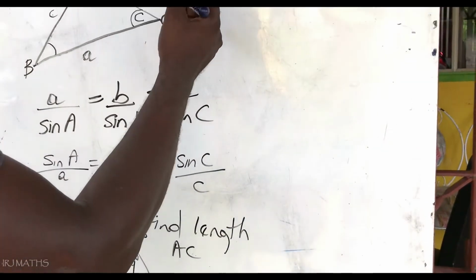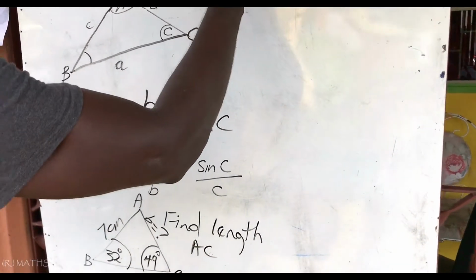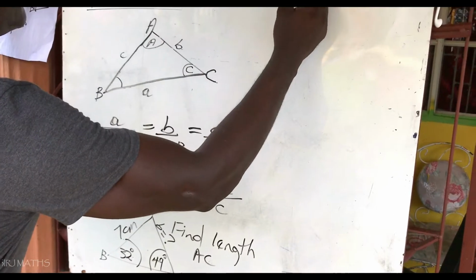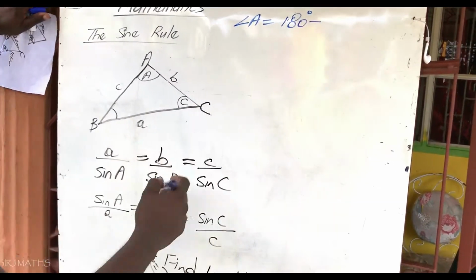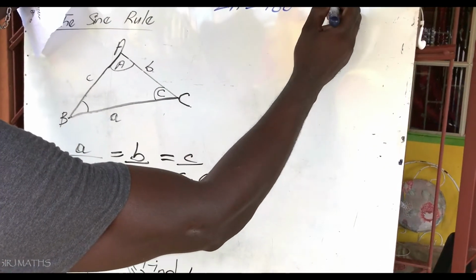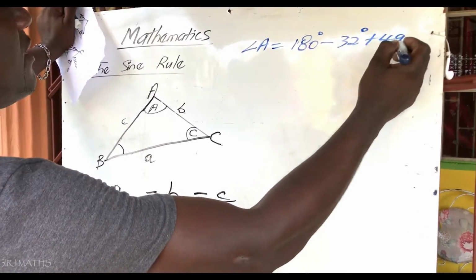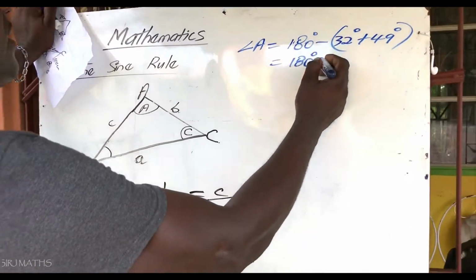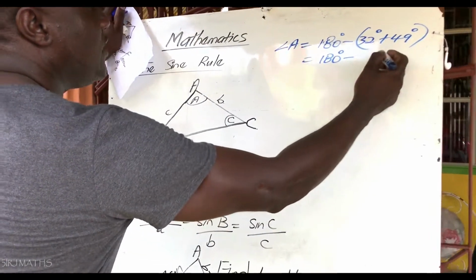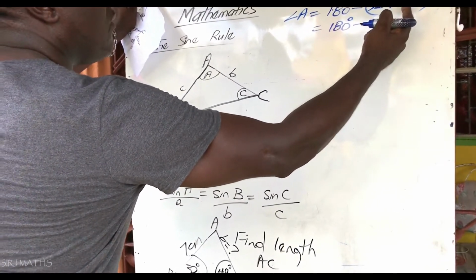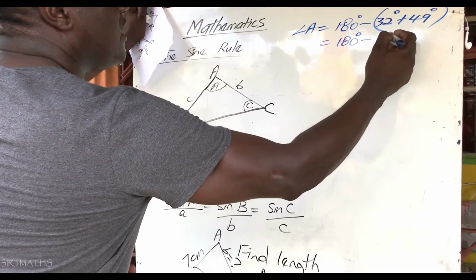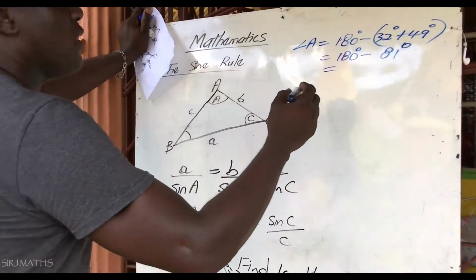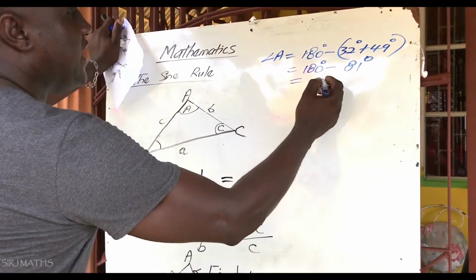So angle A is 180 degrees minus the sum of 32 degrees and 49 degrees, which works out to be 81 degrees. That is 180 degrees minus 81, which will work out to be about 99 degrees.